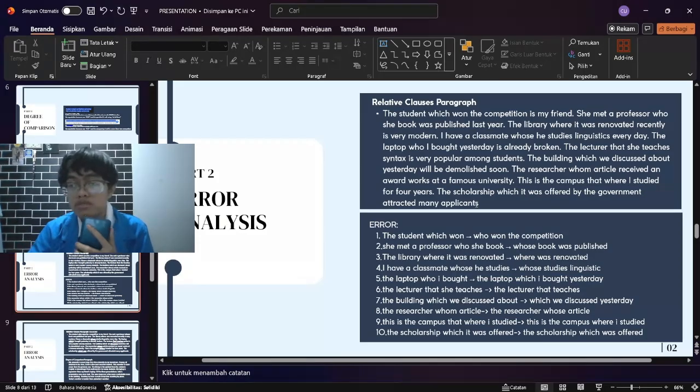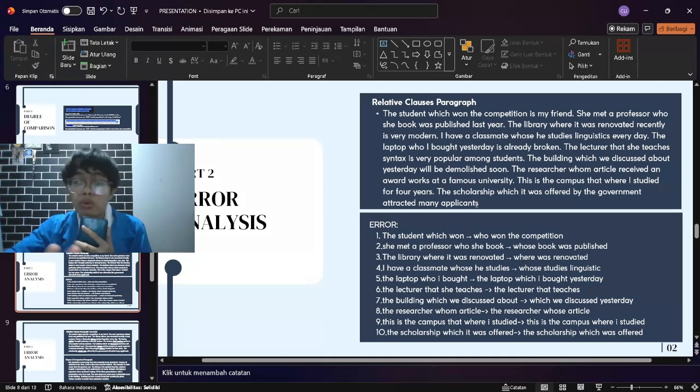So the first error is "the student which won"; change it to "the student who won the competition", because it says student, it's not an object, so it should refer to people, so we use "who" as the relative pronoun. Second one is "she met a professor who she book."